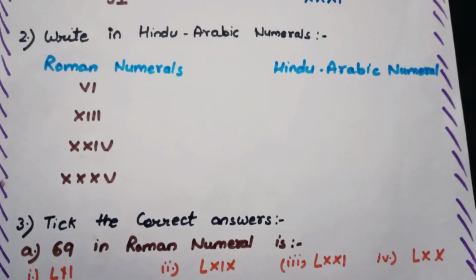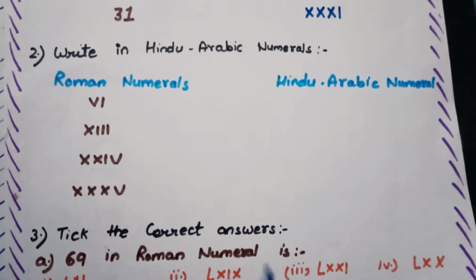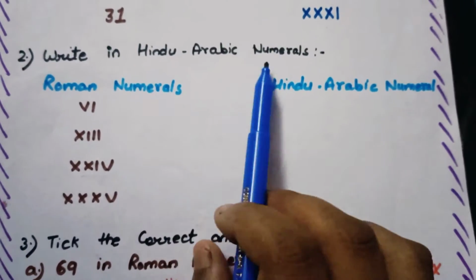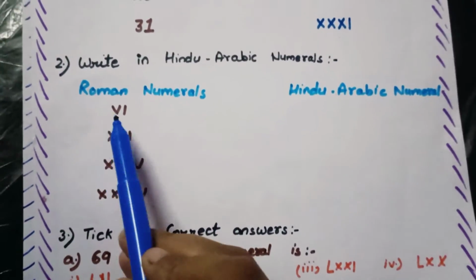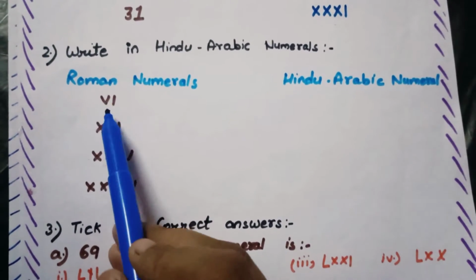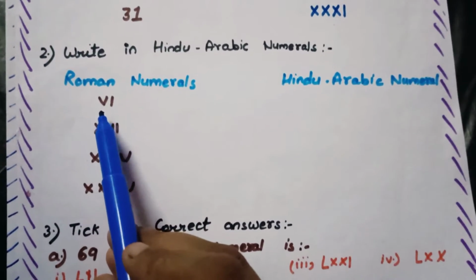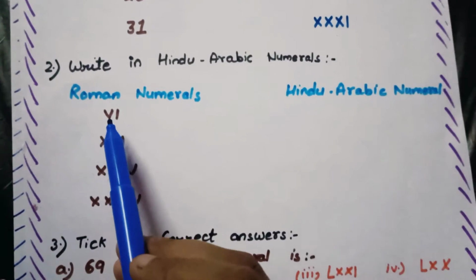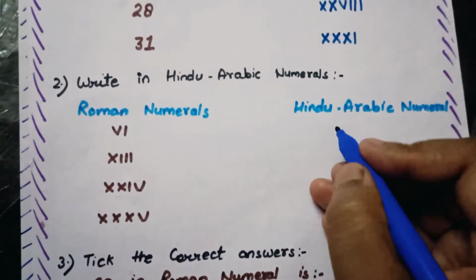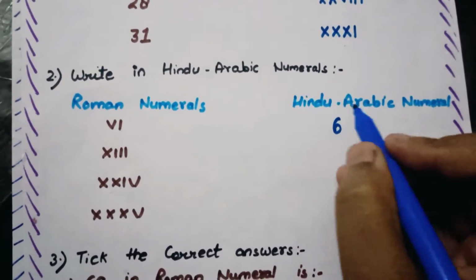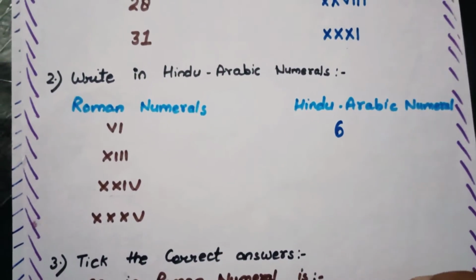Now we will see this question, write in Hindu Arabic numerals. How to do it? VI. If you have learned these Roman numerals, we can easily guess that the Hindu Arabic numeral for VI is 6.